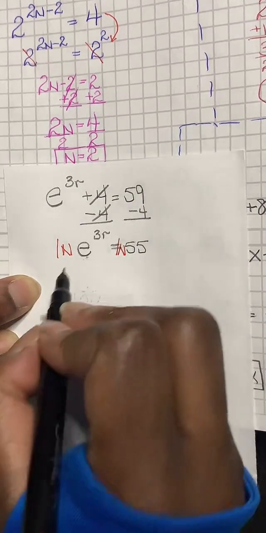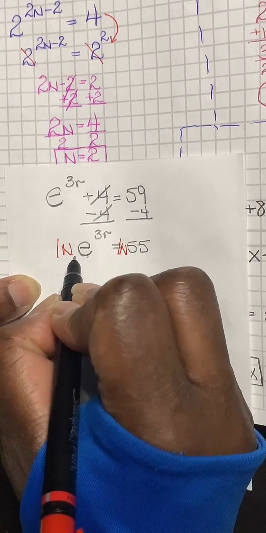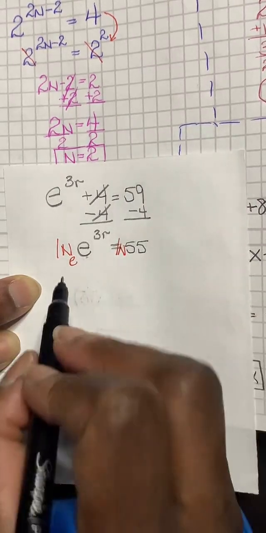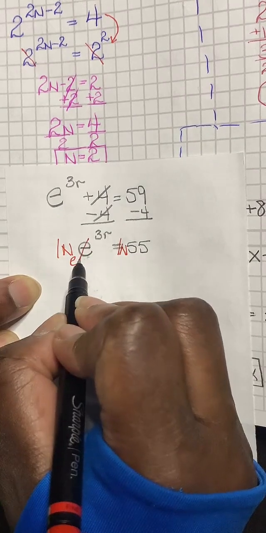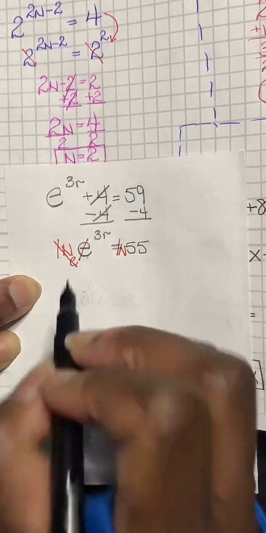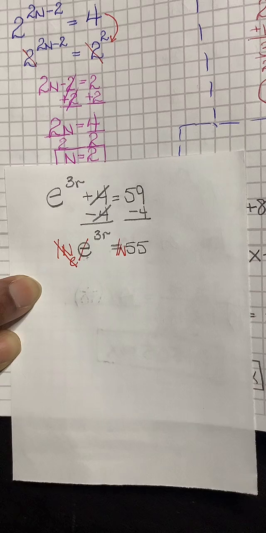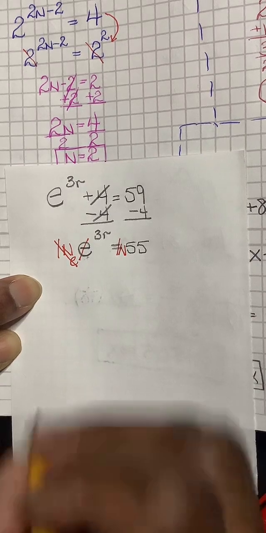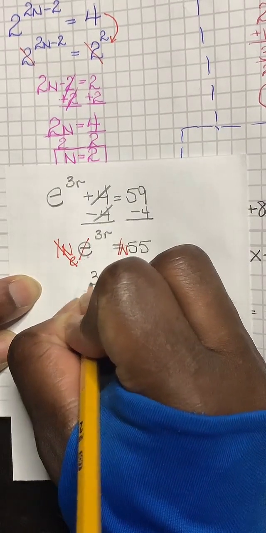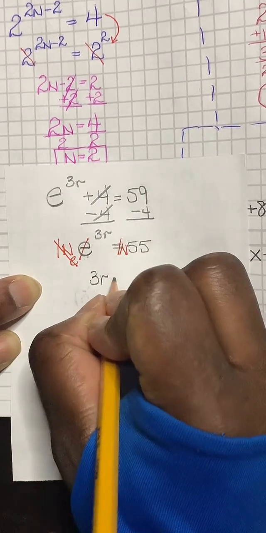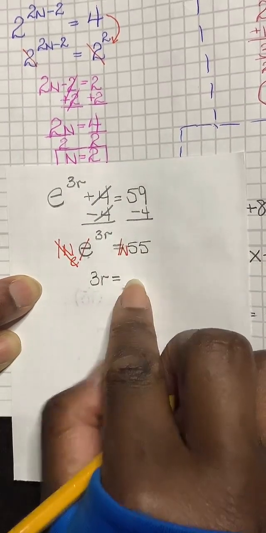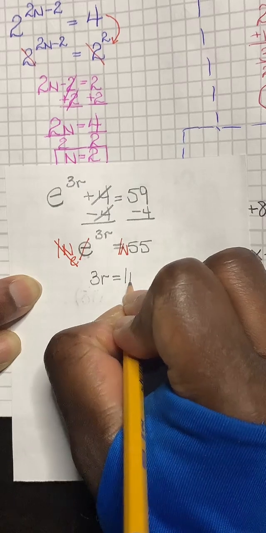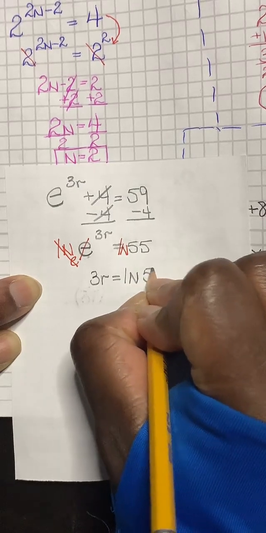Because this natural log has a base of e. So that means this base of e and this natural log cancel each other out. So it brings down the 3r. And then over here, you're going to get your natural log of 55.